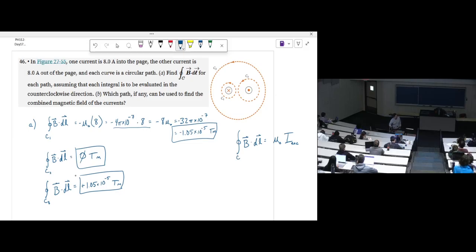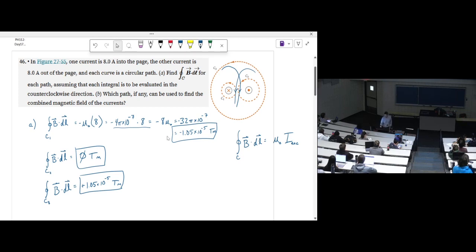So which path, if any, can be used to find the combined magnetic field of the currents? Well, it can't be C2 because we break symmetry, right? The actual magnetic field here is going to look quite complicated. It's going to be basically a couple of loops, something that looks like this here for the magnetic field.